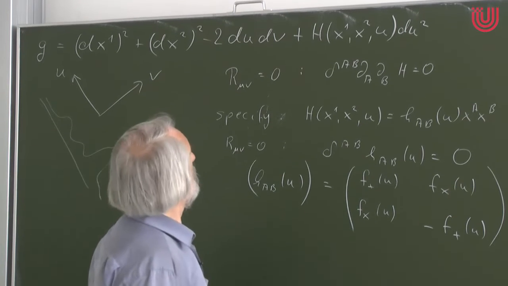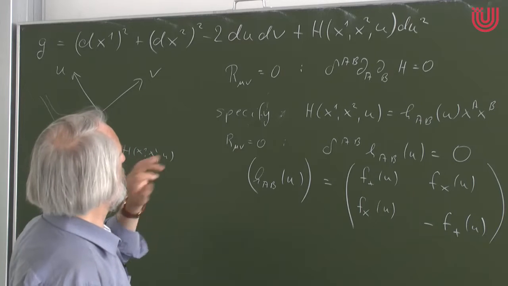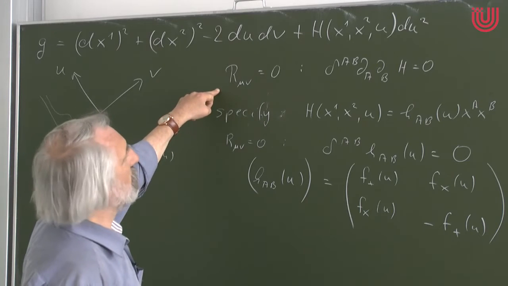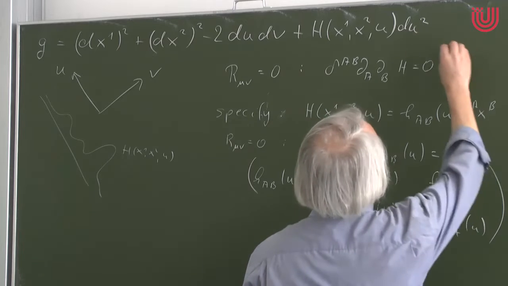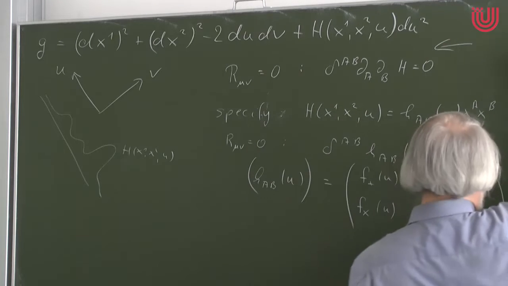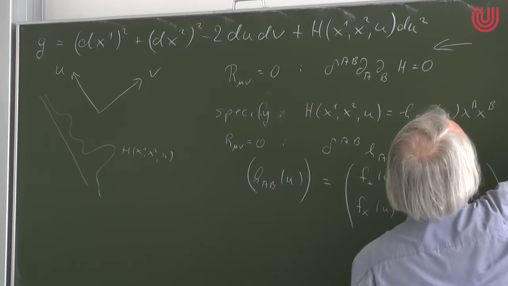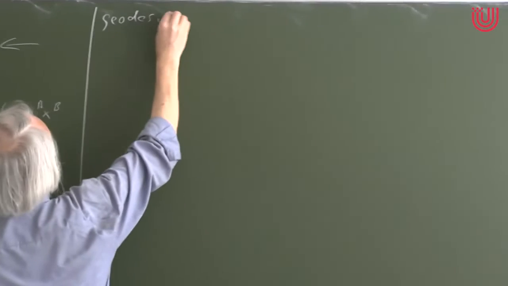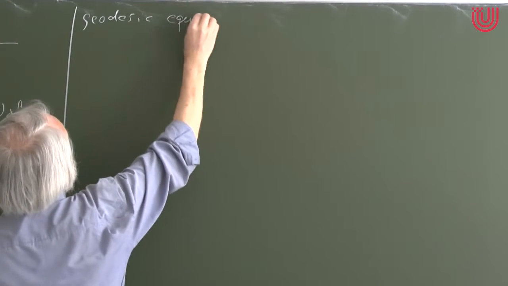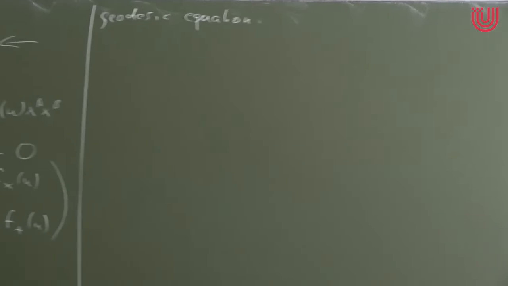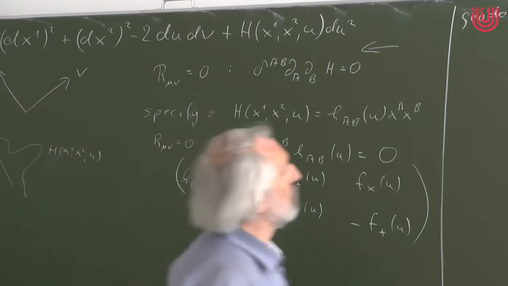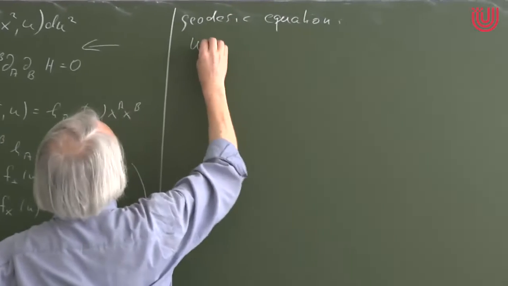Okay, let's look at the, oh, maybe I should have written this here. I calculated the geodesic equation, right? So I think I should write this again, because I need it now. So the geodesic equation, I should have written it where I put the arrow. For this metric, I calculated last time the geodesic equation, and I will need this again now.